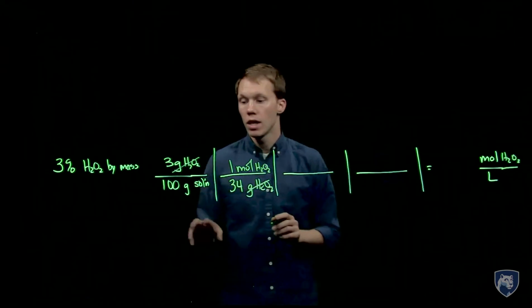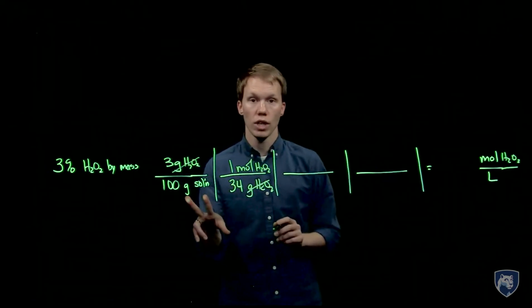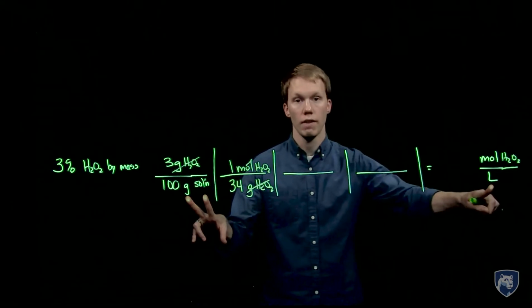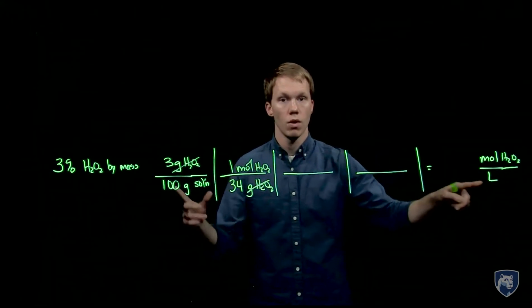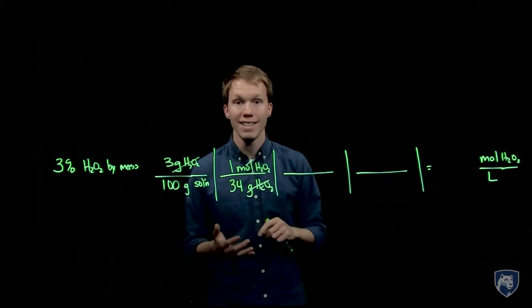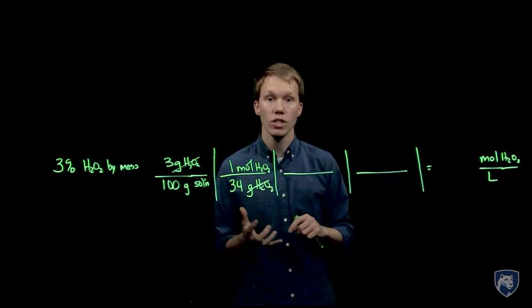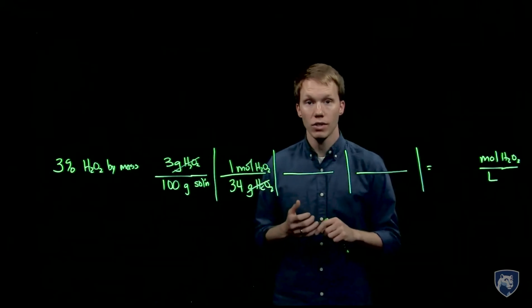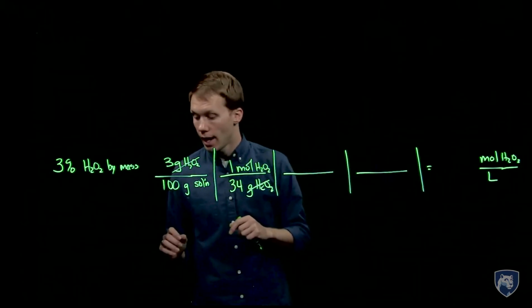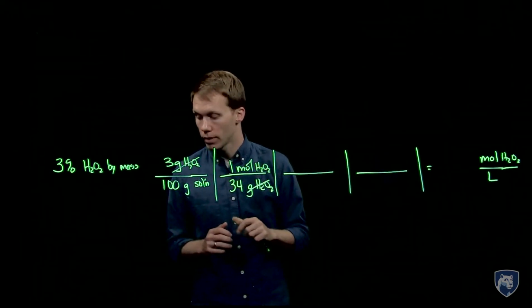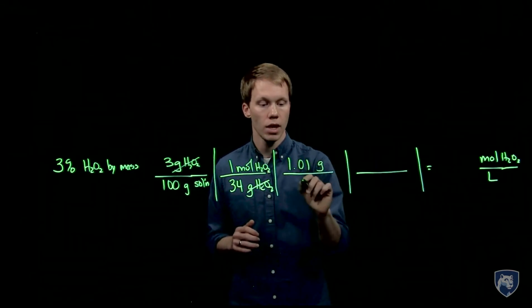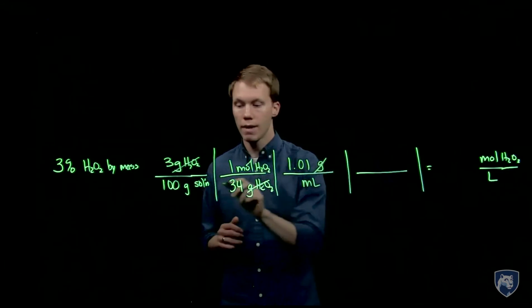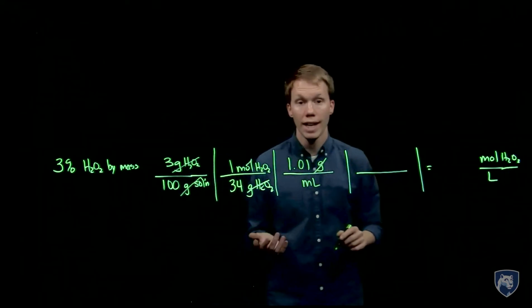Now I need to go from grams of solution to liters of solution. So how do we go from a mass to a volume? Well, it's by the density. If you have questions about density, head back to that skills check and see if you can work those sample problems. The density is given as 1.01 grams per milliliter. So grams of solution will cancel out.